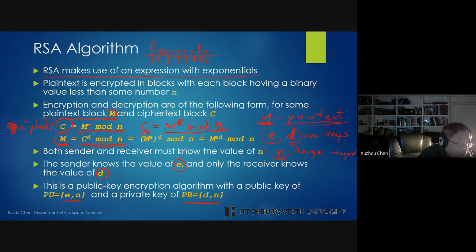But if they don't know d, then they cannot find m. Unless you know d, then you can calculate m by using c to the power d modulo n, which is relatively simple to calculate. And then we can easily get the message back.